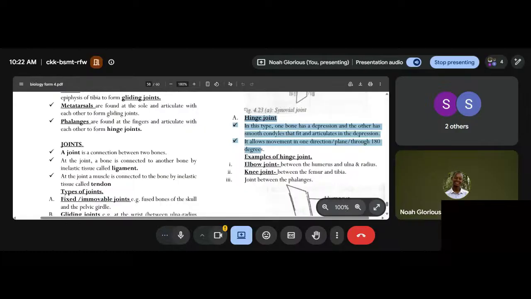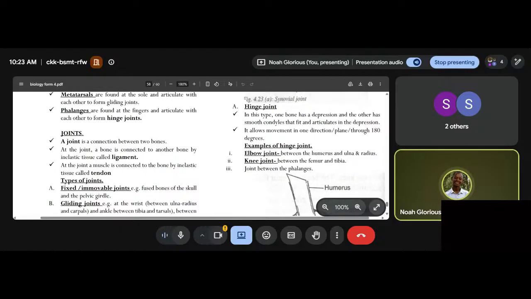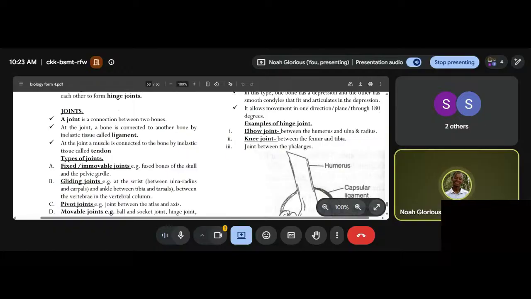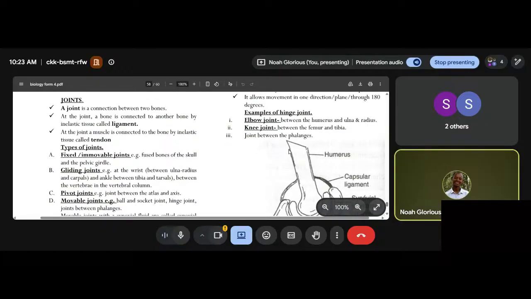As we said, it has a depression; the other bone just enters and then it is locked. It allows movement in one direction up to 180 degrees. Examples are at the elbow, at the knee, and also at the joints between the phalanges, the fingers. You can only close your fingers towards the palm, but you cannot stretch them beyond when they are straight.